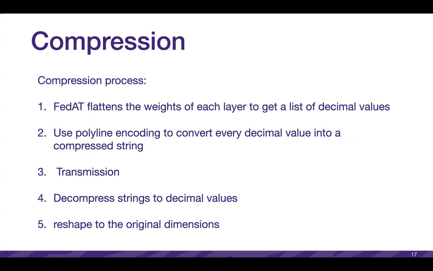Because FedAT is implemented based on TensorFlow, we can use some flatten functions. And then we use the polyline encoding to convert every decimal value into a compressed string and do the upload or download transmission. And then on the server, it can decompress and then reshape the decimal values back to the weights.